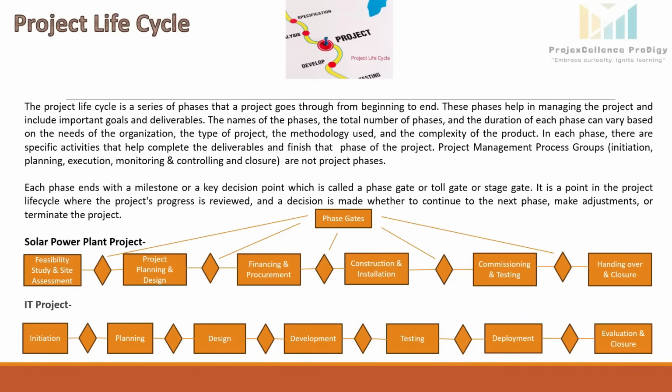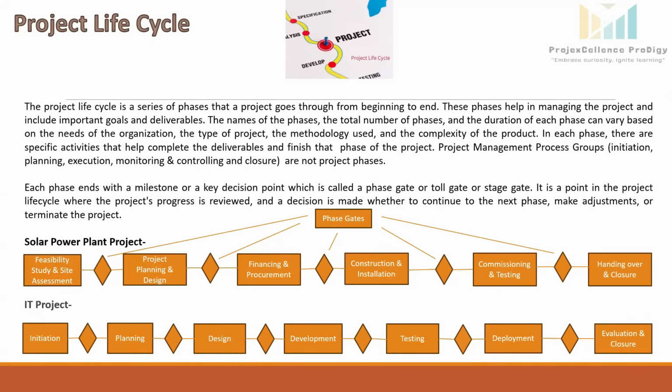The purpose of project phases is to break down the project into manageable segments, each phase with its own specific objectives, deliverables, and milestones. Like for a construction project, phases might include concept, design, construction, finishing, and handing over.